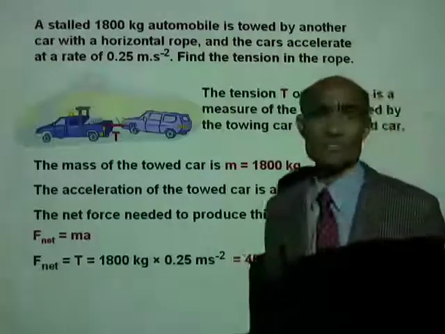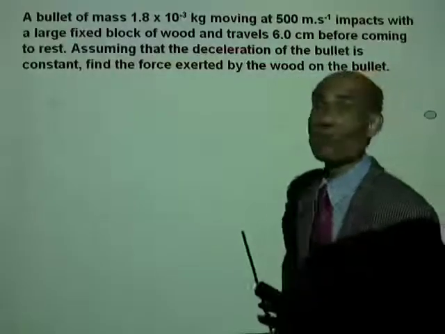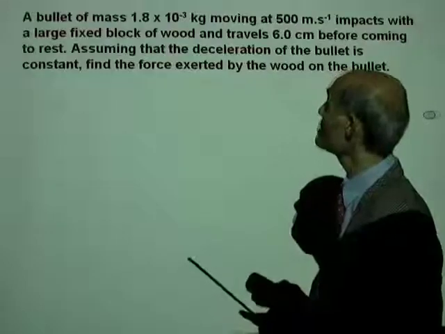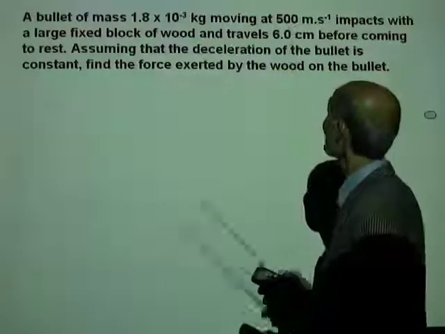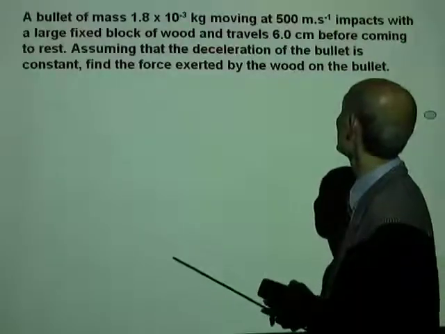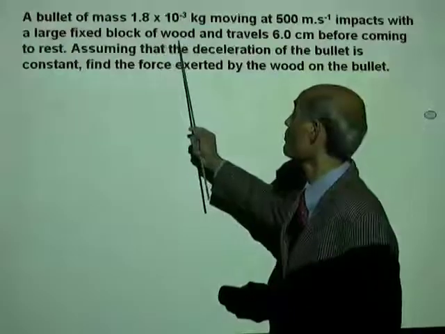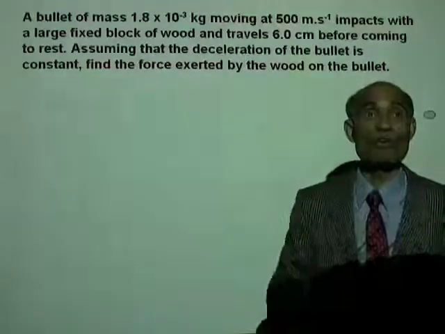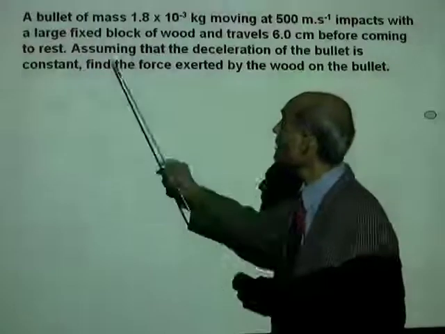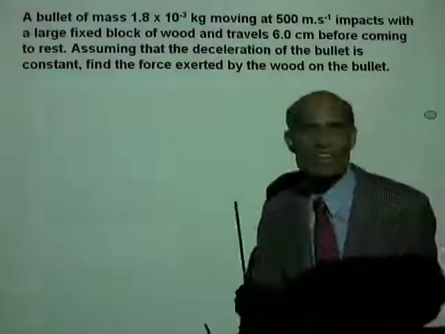Okay, let's do another problem. A bullet of mass 1.8 times 10 to the negative 3 kilogram, moving at 500 meter per second, impacts a large fixed block of wood and travels 6 centimeter before coming to rest. Assuming that the deceleration of the bullet is constant.